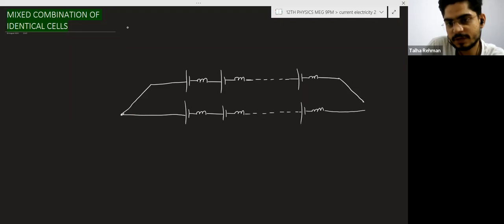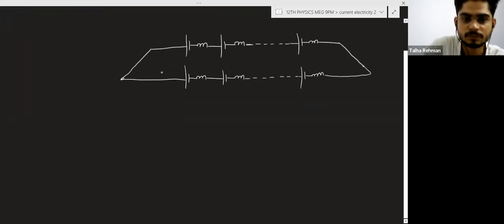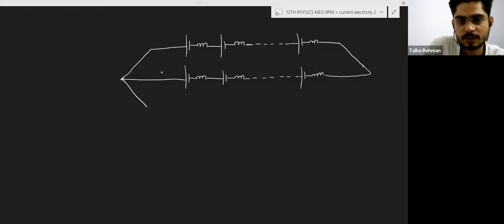This topic is very easy. You can connect n number of cells here.